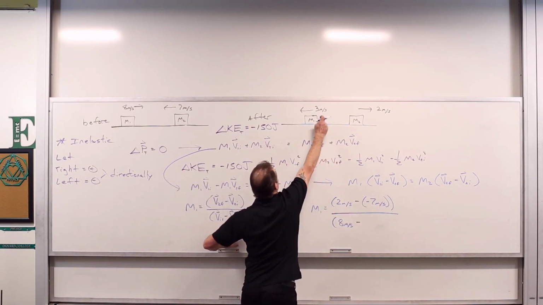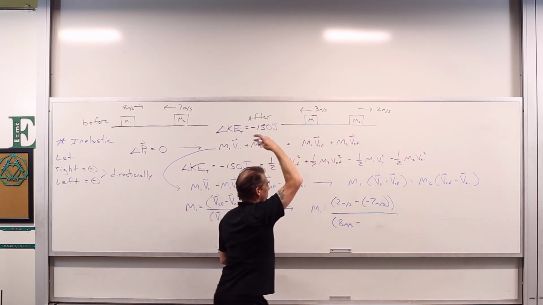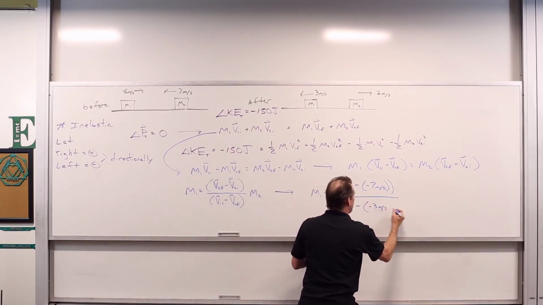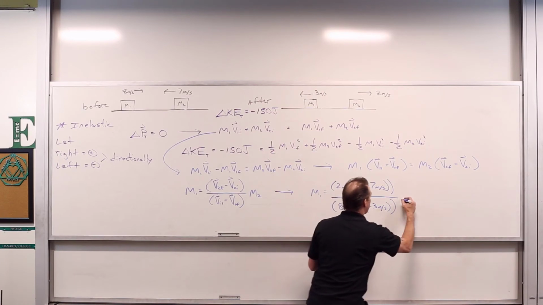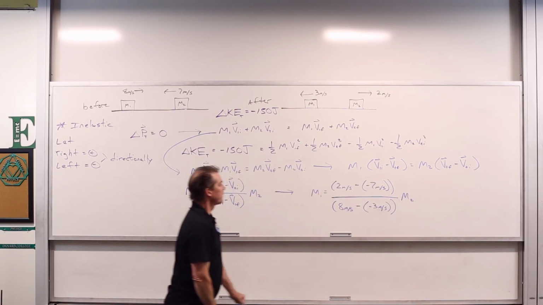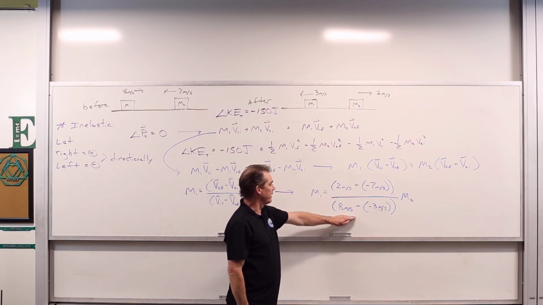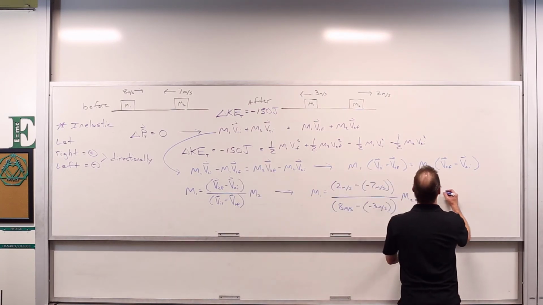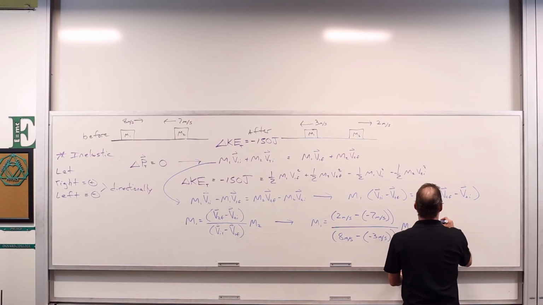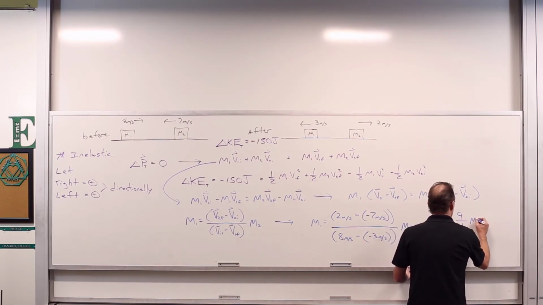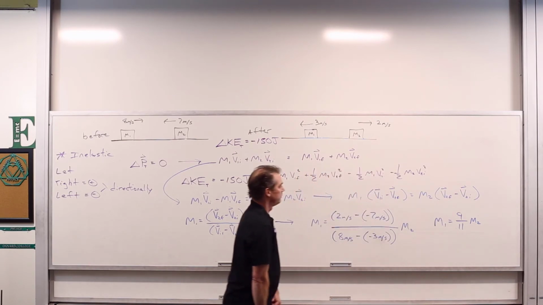V1 final is 3 meters per second to the left. So minus negative 3 meters per second, times M2. So what does this end up being? This is 9 and this is 11. So this tells us that M1 is equal to 9/11ths of M2.